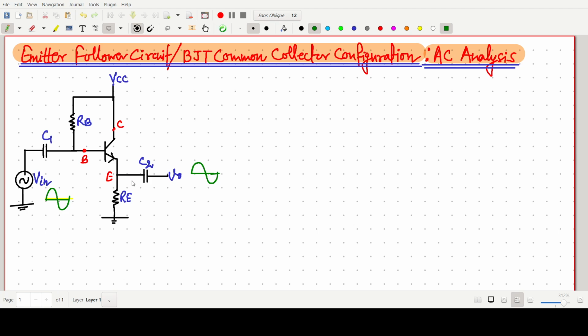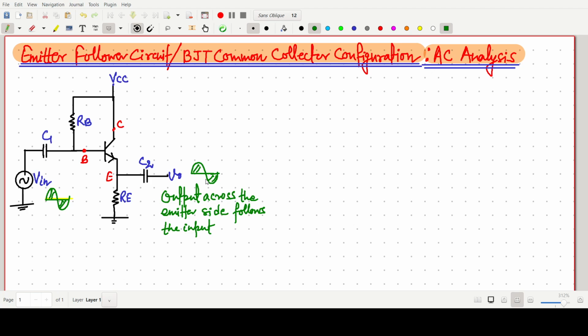So basically, the output across the emitter side follows the input, and both have the same phase, not a 180-degree phase shift.